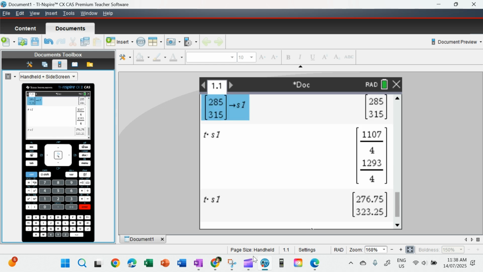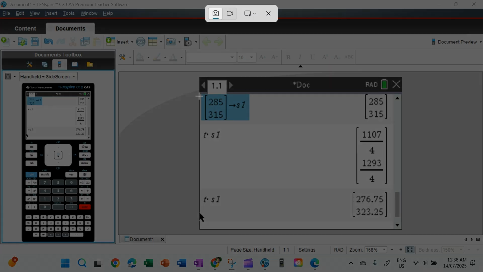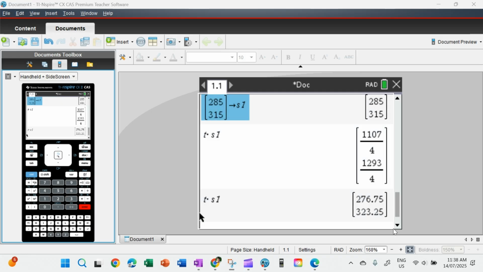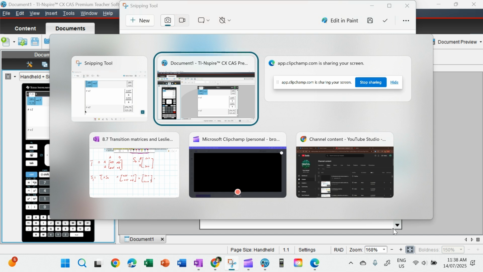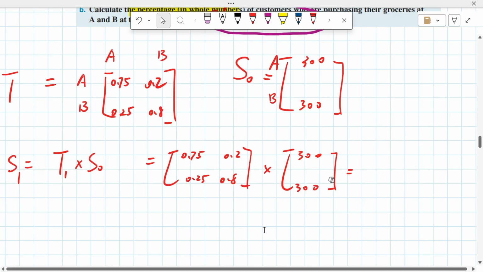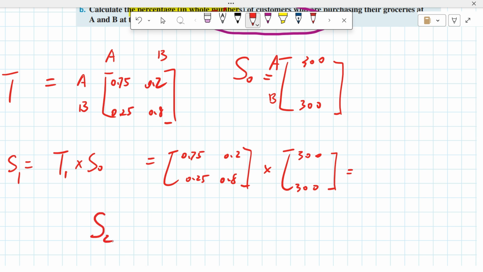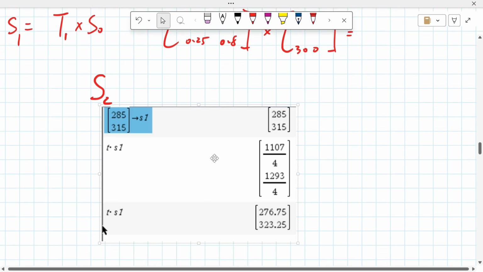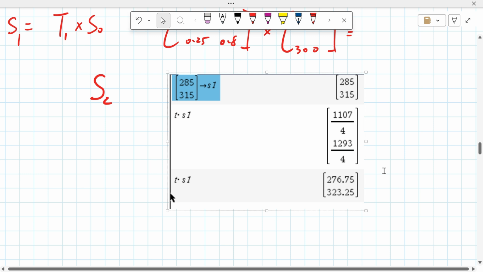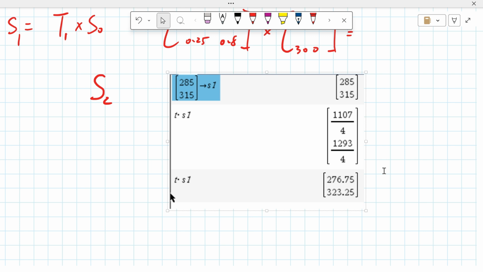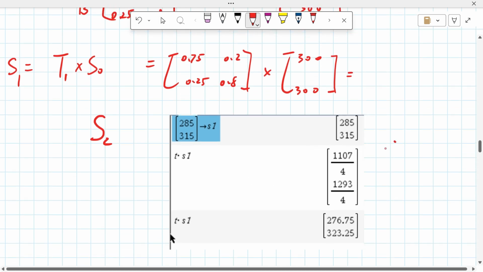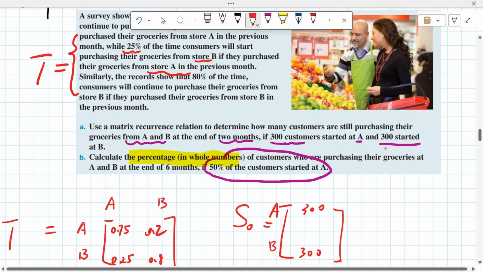After 2 months, 276 people are going to store A and 323 people are going to store B. That's the answer for the first part.